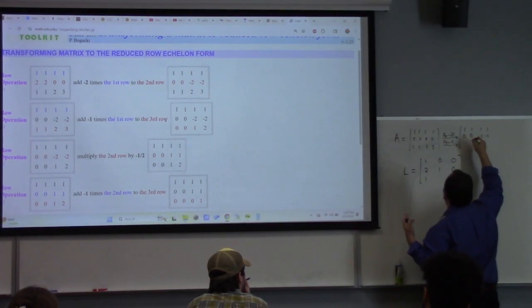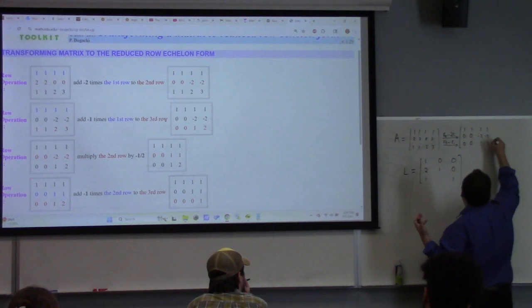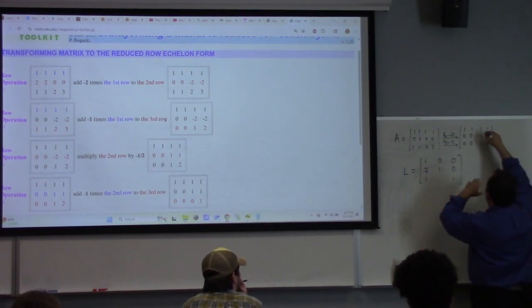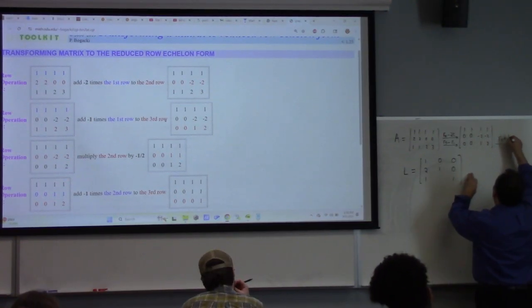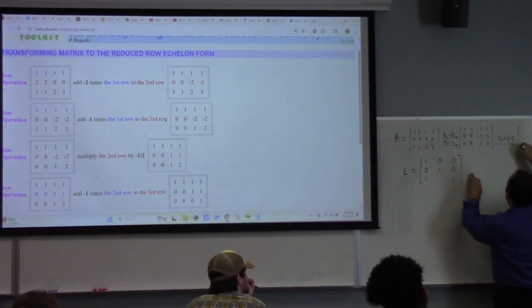And 0, 0, 1, 2. Thank you. So I don't want to do what he did. I want to just use this and do row 3 plus 1/2 row 2, I think, because that will get rid of this.